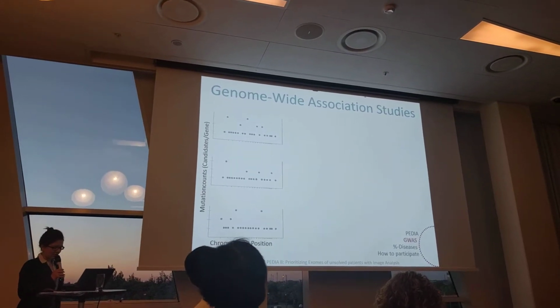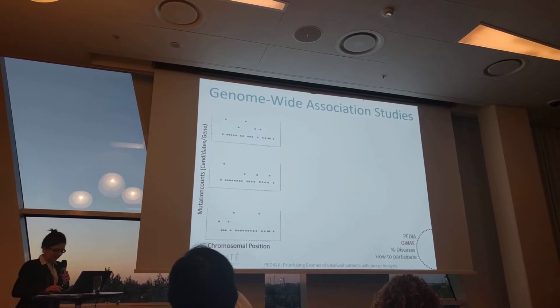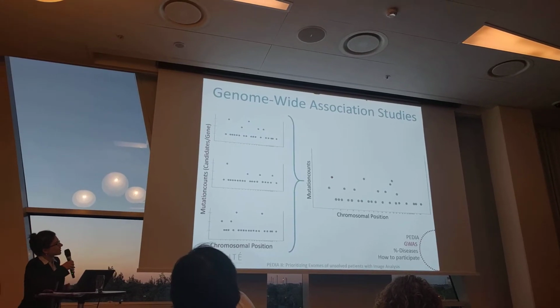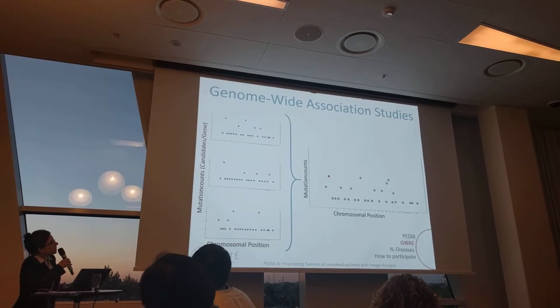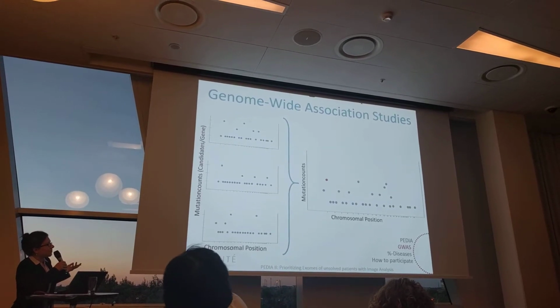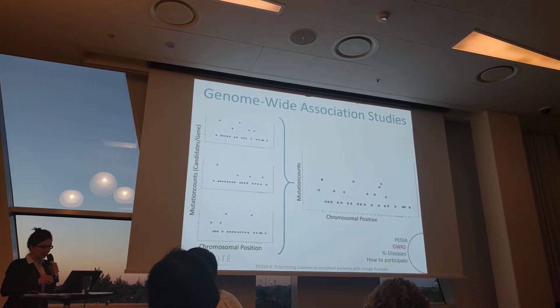If we combine all these three into one plot, we would expect in a genome-wide association study that the actual pathogenic mutation ranks the highest in this Manhattan plot.